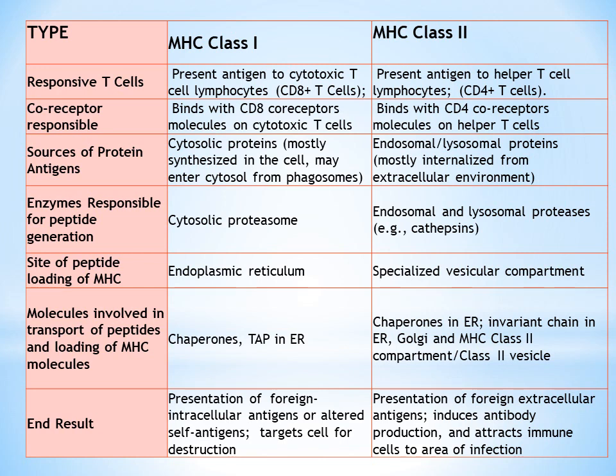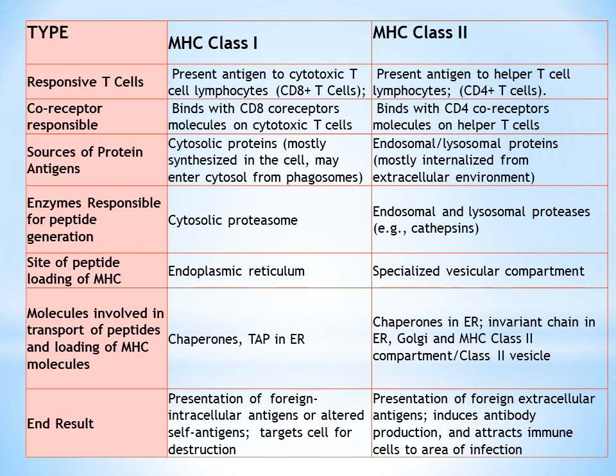The co-receptor responsible in the case of class 1 is CD8, whereas in class 2 it is CD4+. Then cytosolic proteasome is responsible in the case of MHC class 1, whereas lysosomal proteases and endosomal proteases are responsible for breakdown of the peptide in MHC class 2.